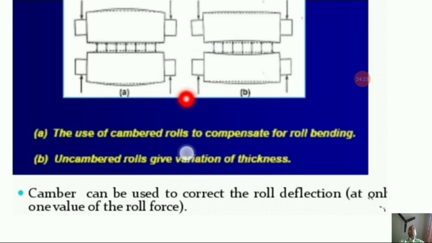We generally obtain a uniform cross section, but if you don't provide camber to the rolls, it will produce a variation in the cross section. As you can see over here, without camber, the rolled metal has a non-uniform cross section. So uncambered rolls give a variation of thickness. Camber can be used to correct the roll deflection.